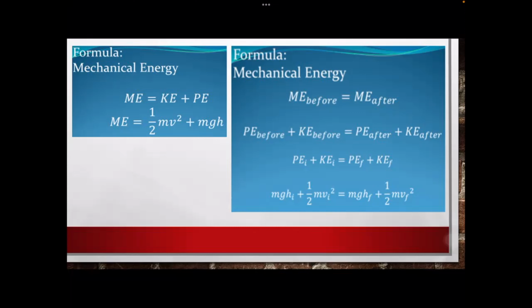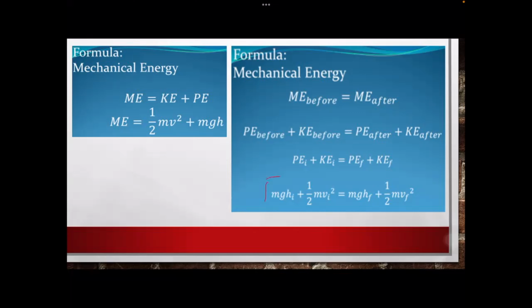So, formula for the mechanical energy, ME before is equal to ME after. So, yung mechanical energy before ay equals lang sa mechanical energy after. So, the formula na gagamitin natin dito, ito na lang ang kunin.